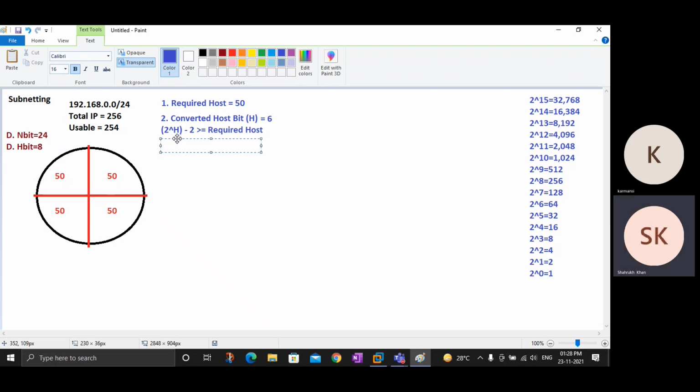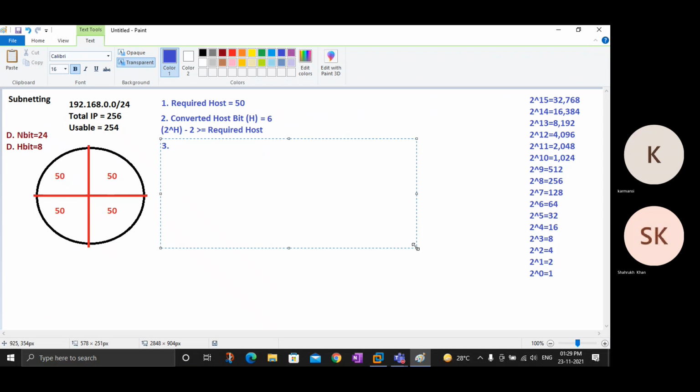So starting 2 values we got. Then the next one is converted network bit, will be n, and there is a formula for this too.